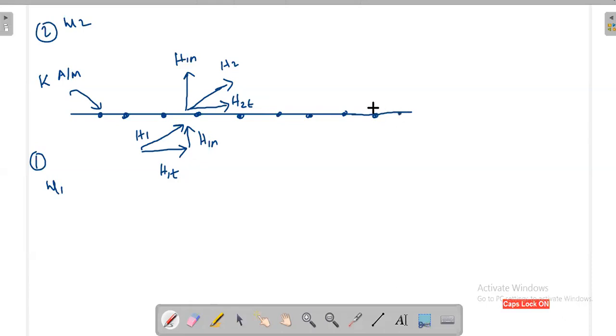Now I'm going to choose a closed line in this way, and I go in this direction.